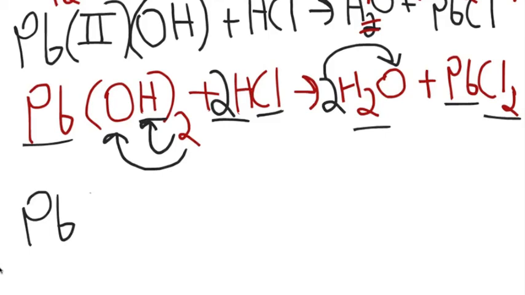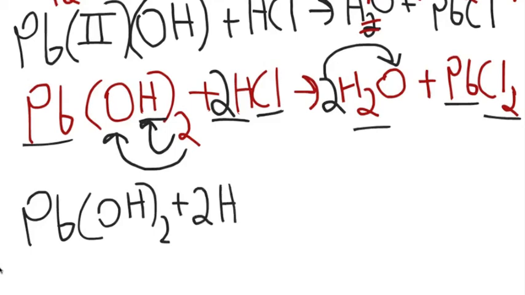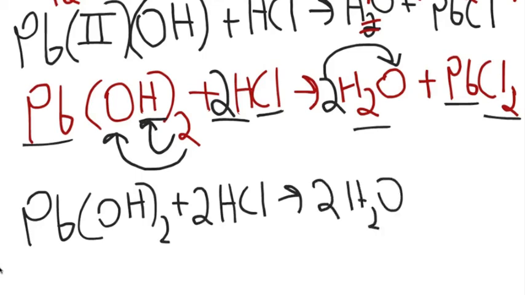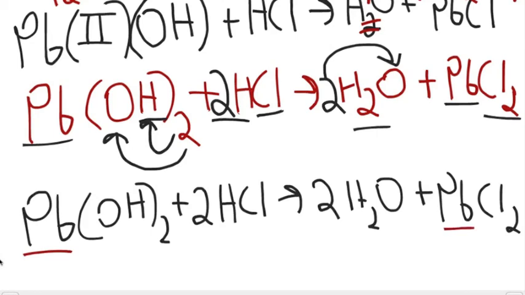So we have lead hydroxide plus 2 hydrogen chloride produces 2 H2O plus lead chloride. 1 Pb on my left, 1 Pb on my right. 2 Cl on my left, 2 chlorine on my right.